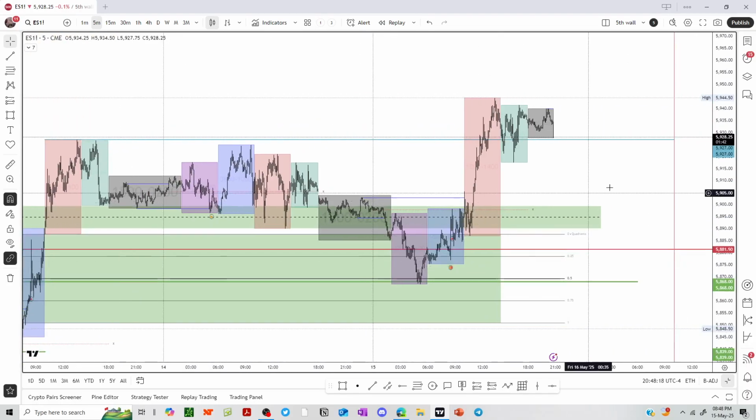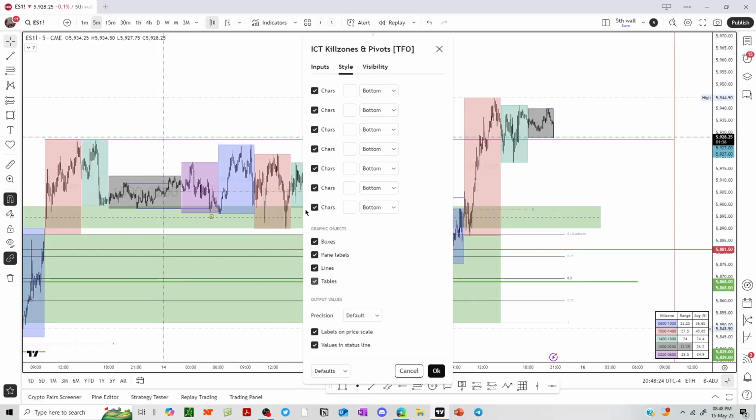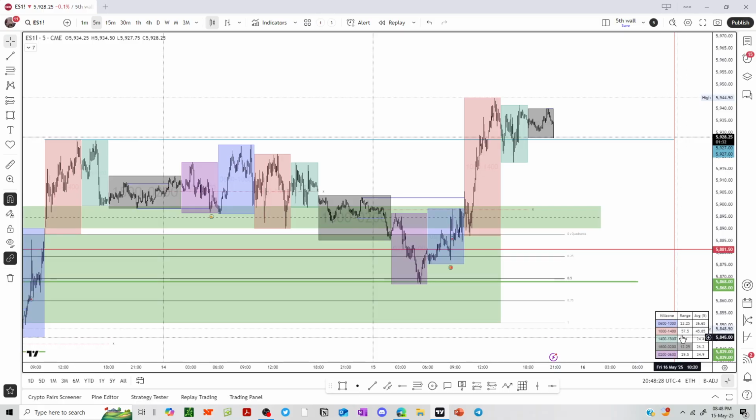And that's that. And you can see the expansion here. And you can see here the 10 to 2 p.m. 57.5 points here.